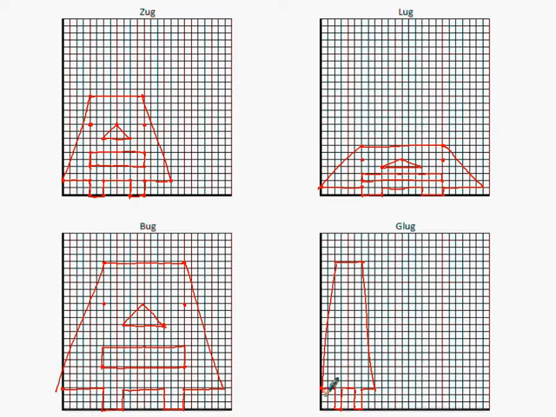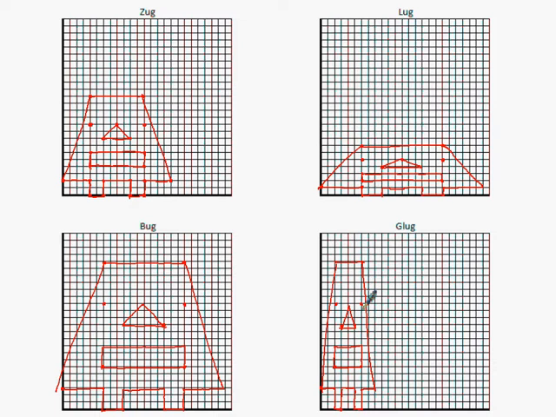Let's see what the rest of the body looks like. Mouth looks kind of odd. Nose looks really tall and skinny. And the eyeballs, well, they're just dots. They're always going to look like that.